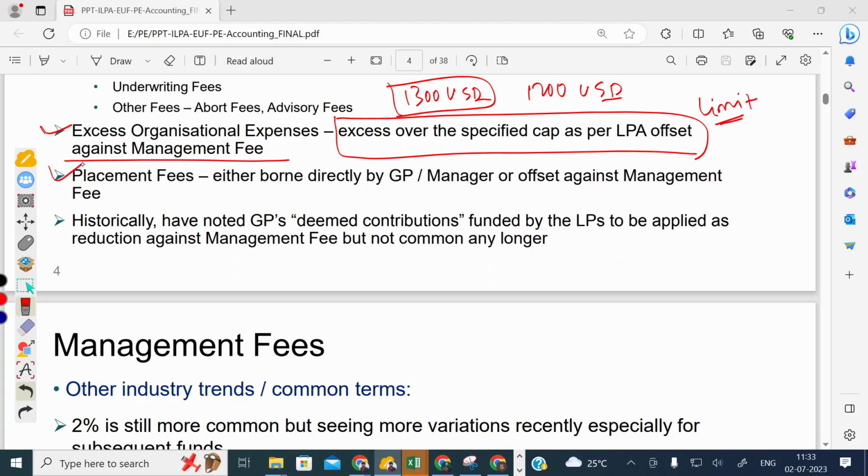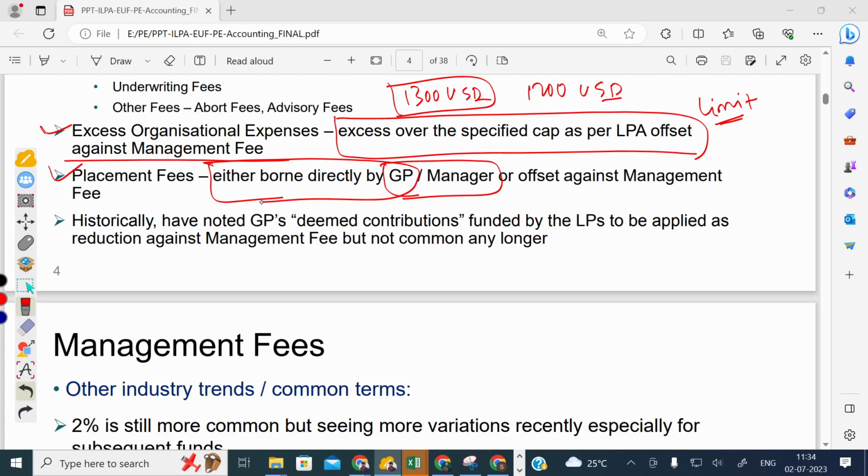Then placement fees, either borne directly by the general partners or managers. Borne by means they'll decide it, or they'll offset it against management fees again. They directly decide how much the placement fees would be. Placement fees means investment fees. For example, take my class fees.